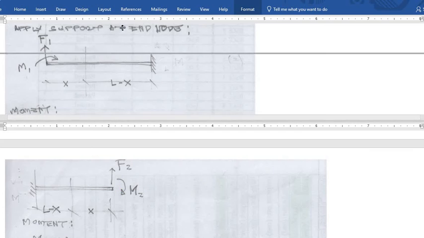Now, from this figure, your moment M is equal to negative M2 plus F2 times x. That moment is the rotation at this fixed support. Okay?